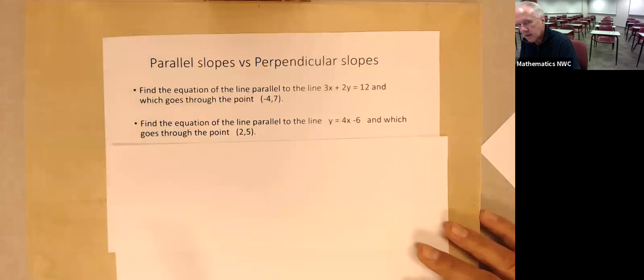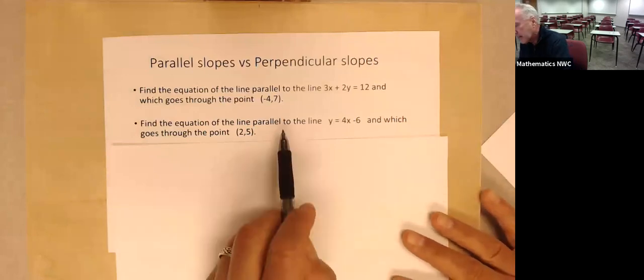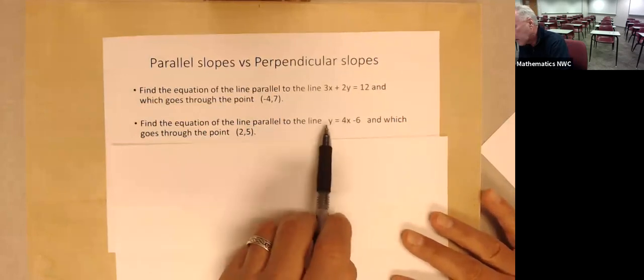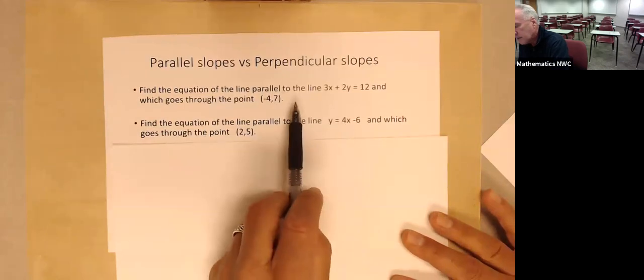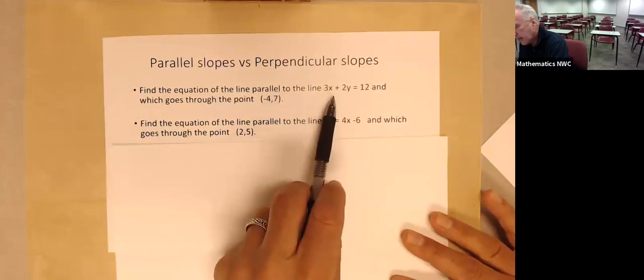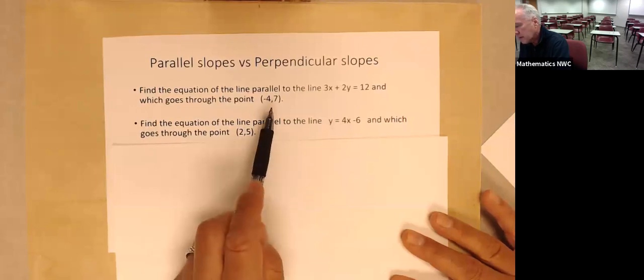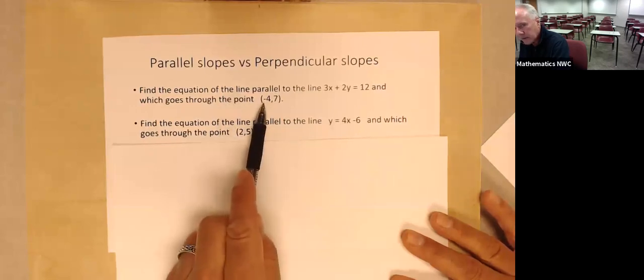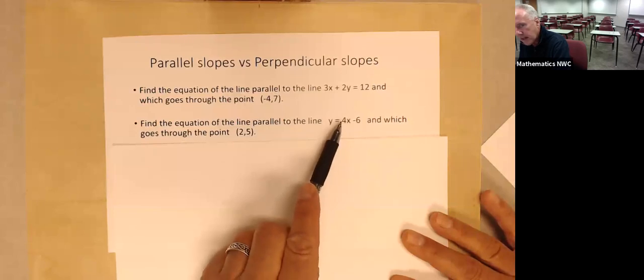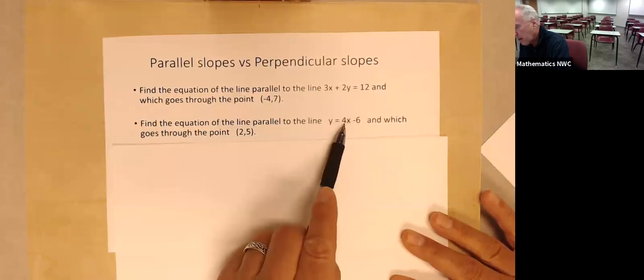This one is a little bit easier for us. They again tell us it's parallel to this line. Just like here, they said parallel to that line. They gave me a point that it goes through. Just like here, they gave me a point that it goes through. This one's easier because I can get my slope right here, the number in front of the x.